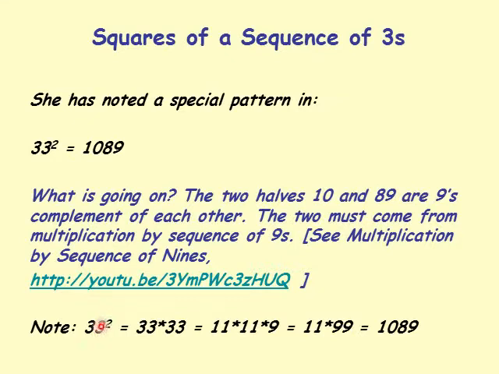That means 33 squared must have a 99 in here, which is 33 times 33, which is 11 times 11 times 9, which is 11 times 99. And if you watch this video, from 11 I got 10, and from 99 I got 89, which is 9 minus 1 is 8, and 9 minus 0 is 9. Let's continue.